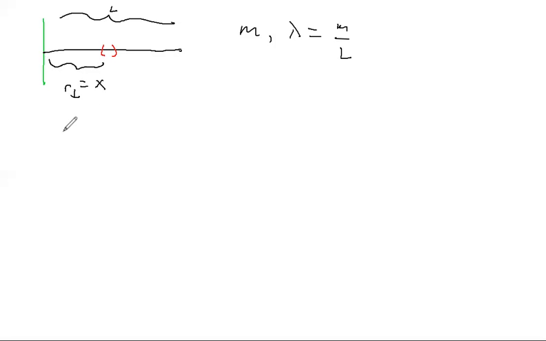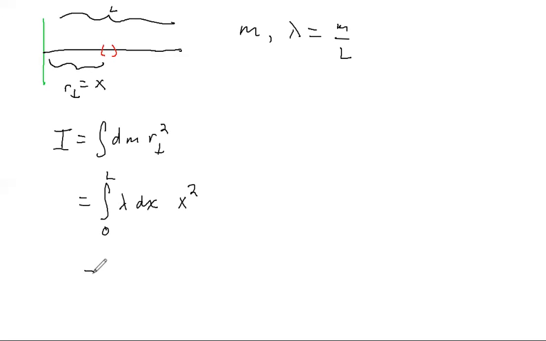So I can just go through my formula. The moment of inertia equals the integral of dm times r perpendicular squared. Then I substitute everything I know. I write that as lambda times dx for the mass differential, and our perpendicular distance is just x again, squared, and I integrate from 0 to L. Pulling out all the constants, this equals lambda, which is m over L, times the integral from 0 to L of x squared dx.